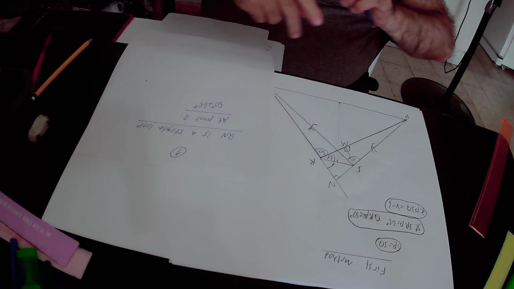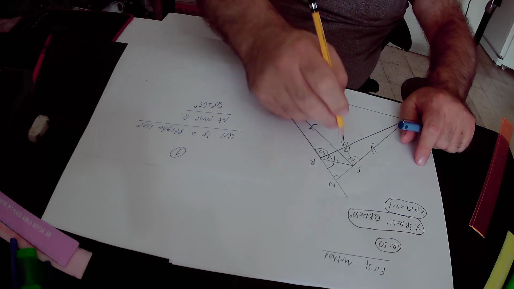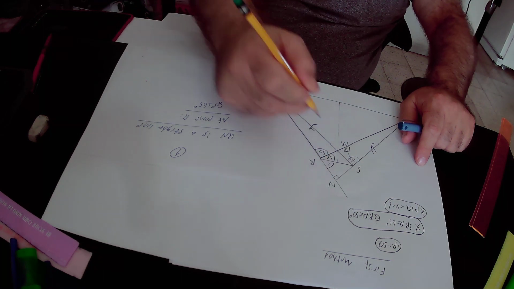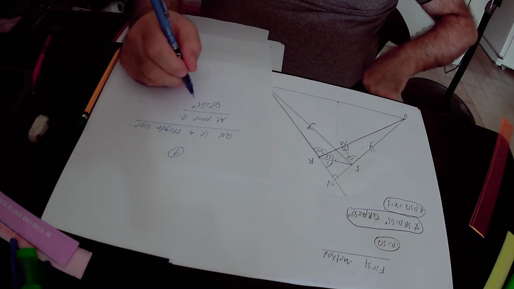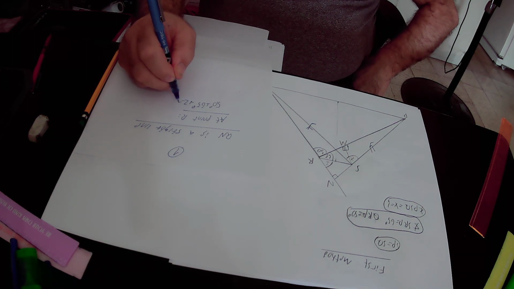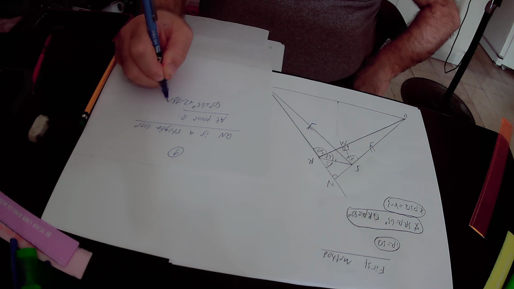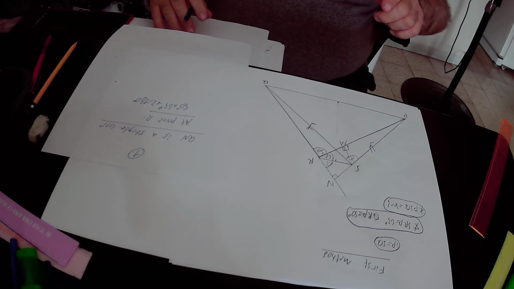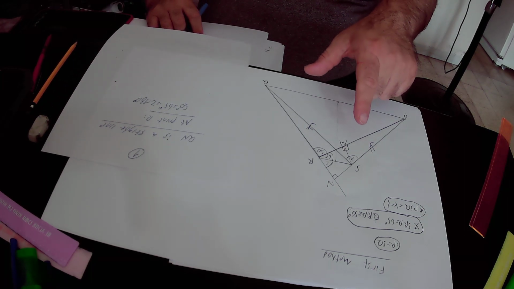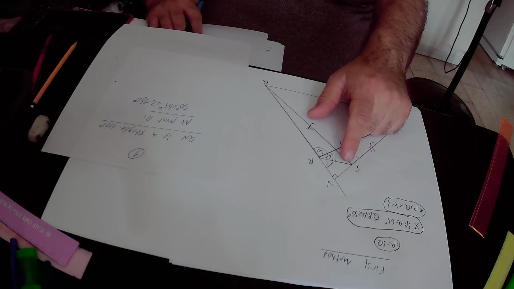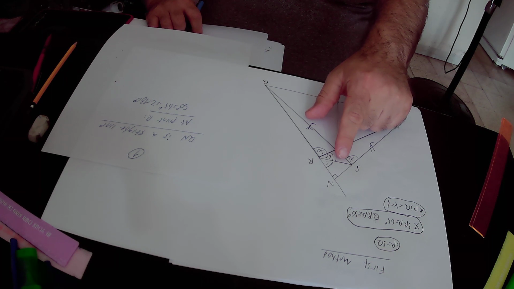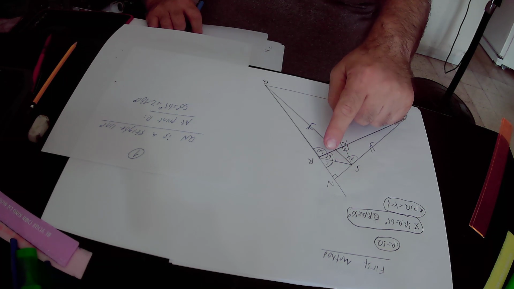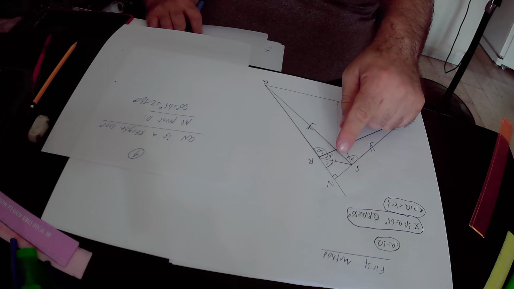We will define this angle as angle Z, plus the size of angle Z must equal 180 degrees according to the rule that the sum of the angles on one side of a straight line is 180 degrees.